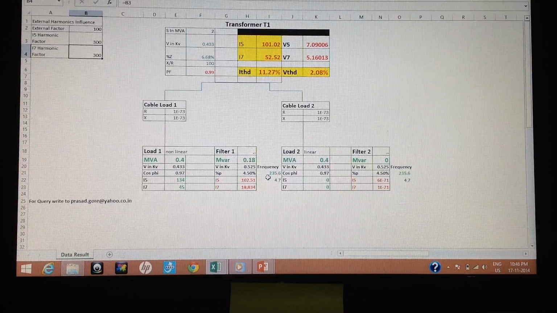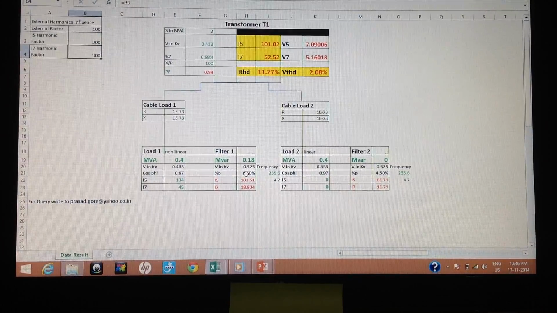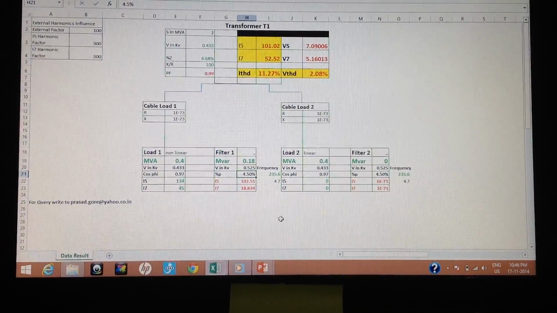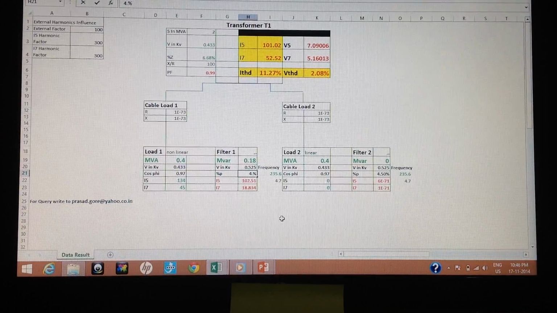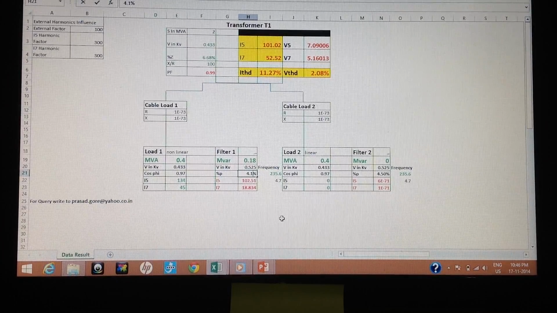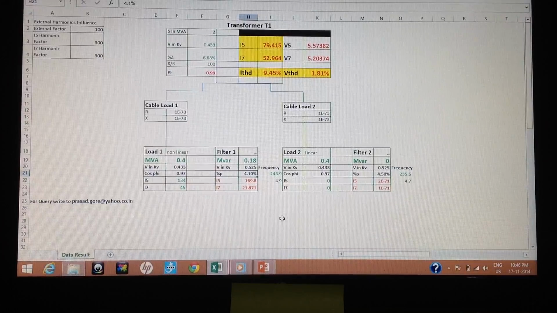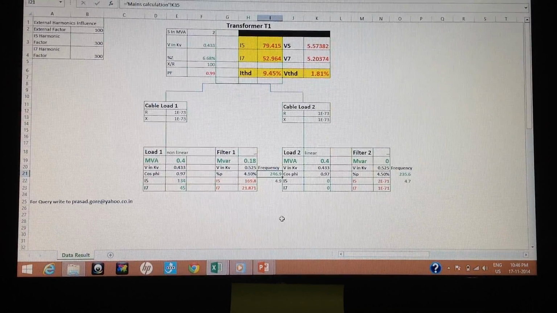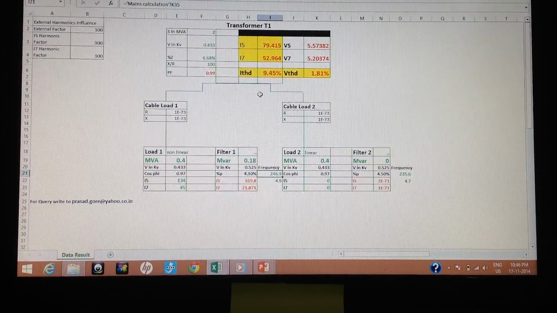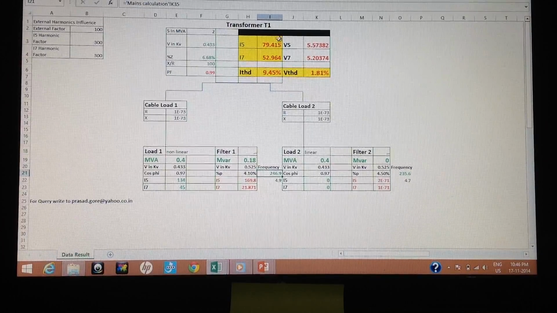So I decided to go a little nearer to a completely tuned filter. So what I do is I'll make this 4.1, so that will go to 246. Okay. Now see, this has got reduced. Agreed.